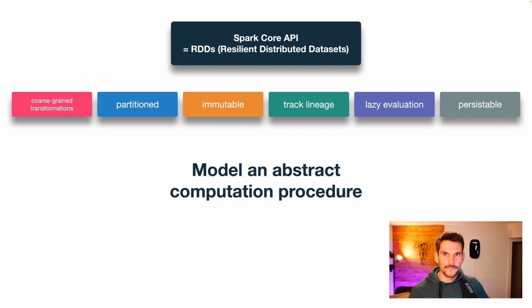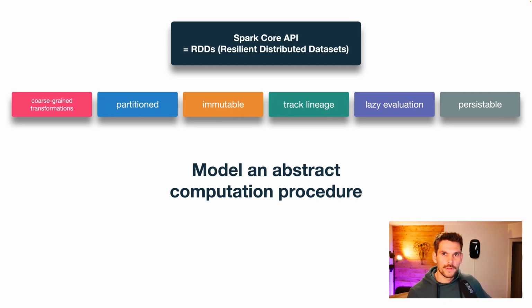They are immutable. So when we transform one RDD into another by applying one of these transformations, we actually get a new RDD. So the RDD doesn't get changed. We always get a new derived RDD if we apply a transformation. Then they track the lineage, which means it is always recomprehensible what happened to an RDD and how it is derived from a parent RDD.